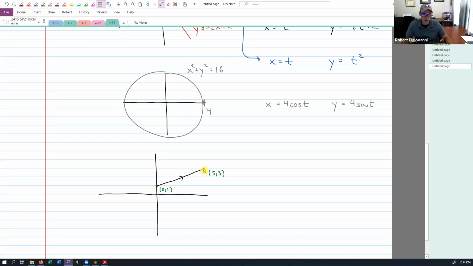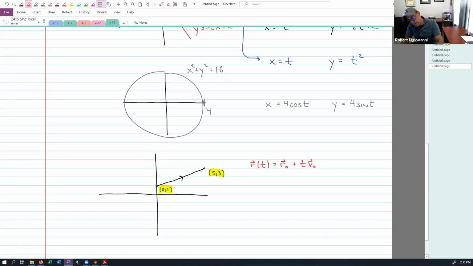From here to here. So I'm going to remind you of this by asking you to remember at the very beginning of class, if we have 2 points, we can always create a direction vector. So if I'm going to rewrite this as a vector function, r of t equals r naught plus tv.